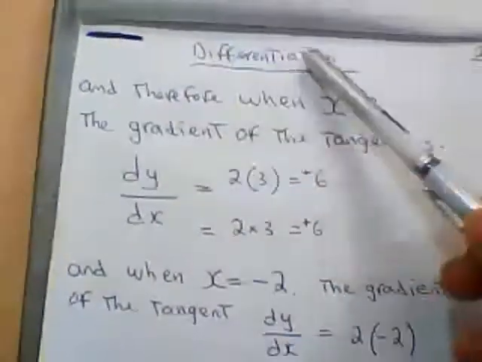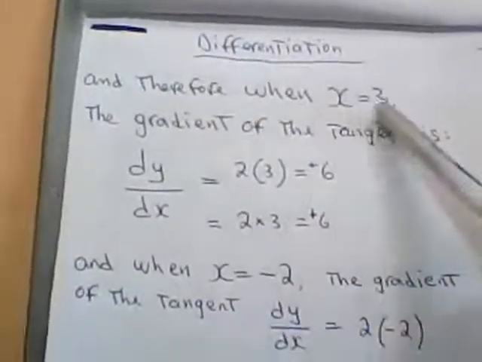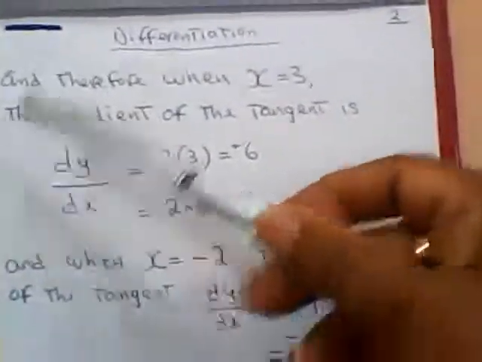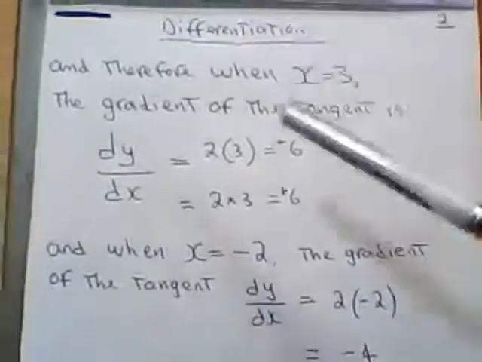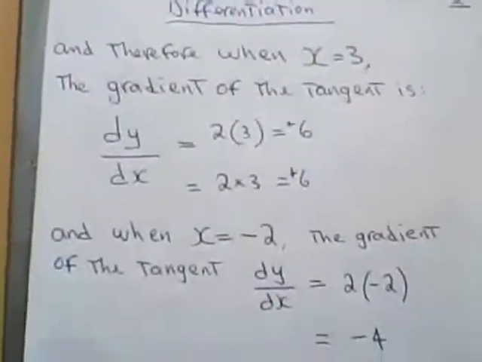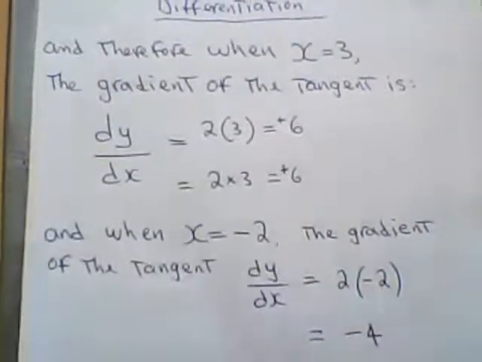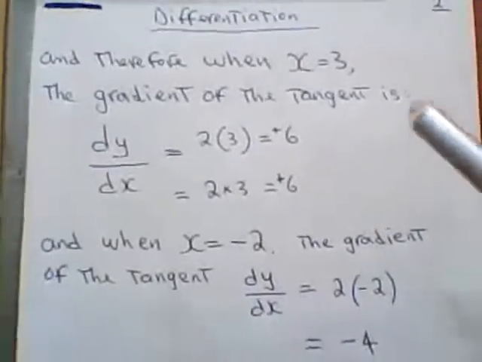Now differentiation, and therefore when x equals 3, now remember we're continuing from page 1. So all I've done is simply continued. So look back at page 1 if you need to, or go back in the video yourselves.